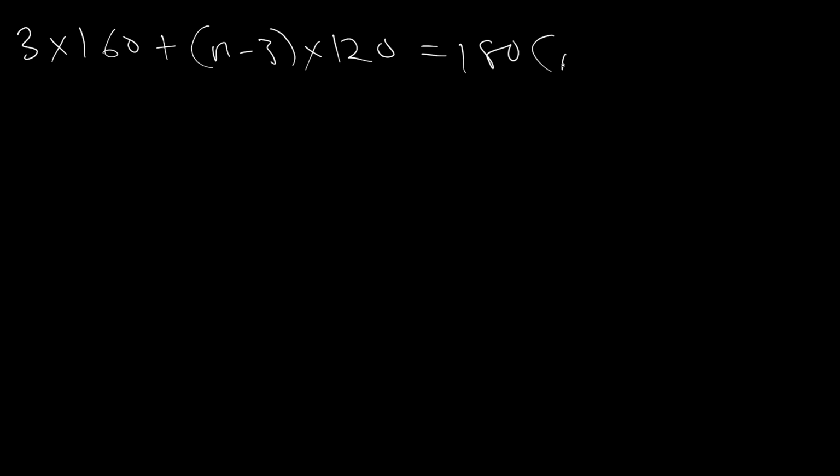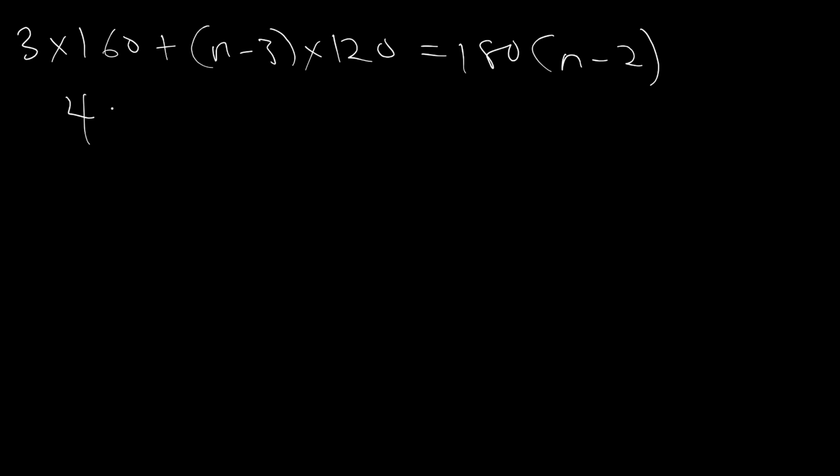So then we can say that 3 times 160 plus n minus 3 times 120 is equal to 180 times n minus 2. Now 3 times 160, we have 480.